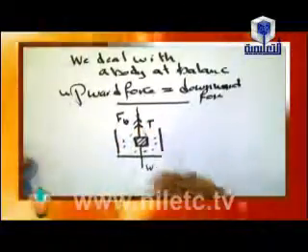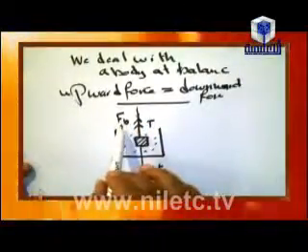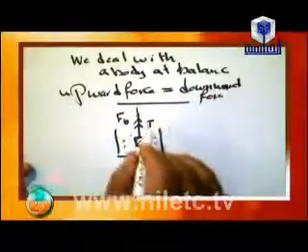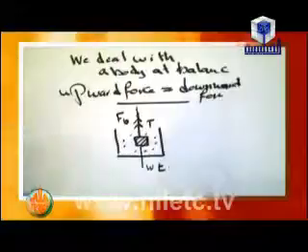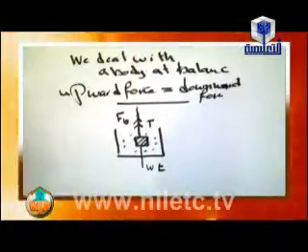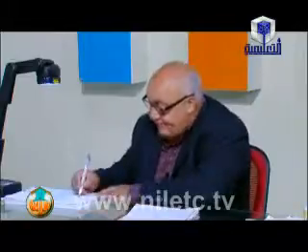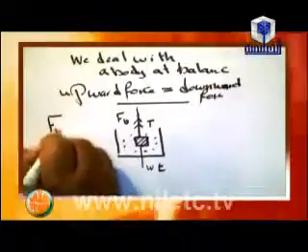Also, if we have a tension in a thread, we have tension. So we have three forces: FB acts upward, tension acts upward, and the weight of the body acts downward. We deal with the body at equilibrium, so the upward force is equal to the downward force. So FB plus tension is equal to weight.